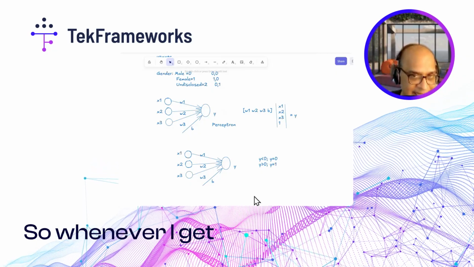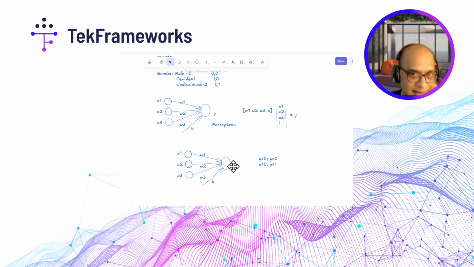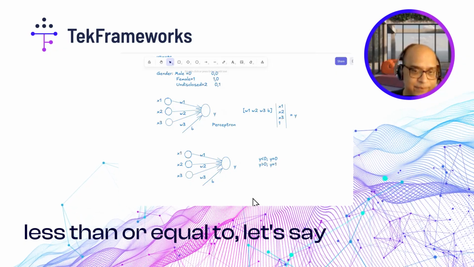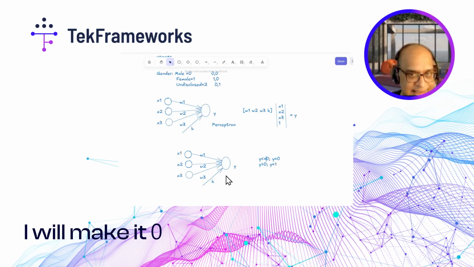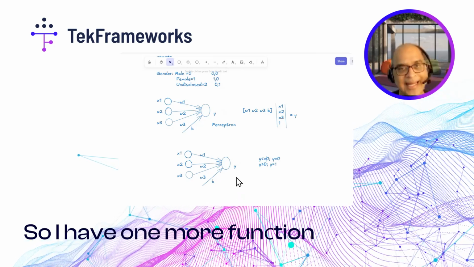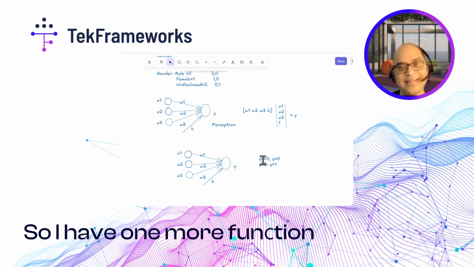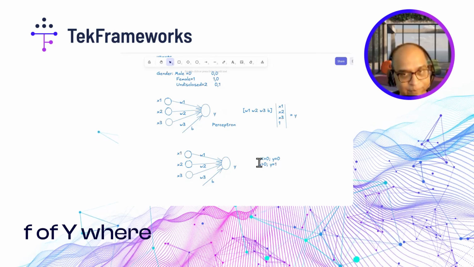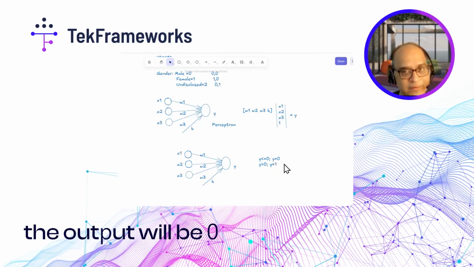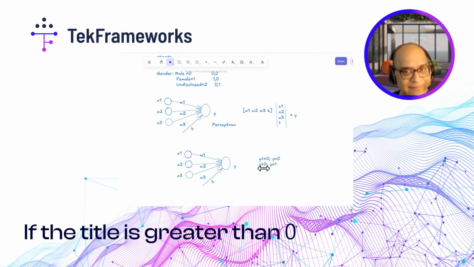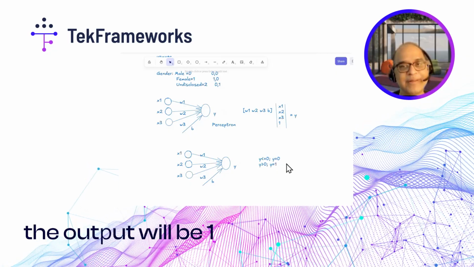So whenever I get a negative or 0 value, I will make it 0. The output is 0. So I have one more function, f of y, where if the y value is less than or equal to 0, the output will be 0. If the y value is greater than 0, the output will be 1.